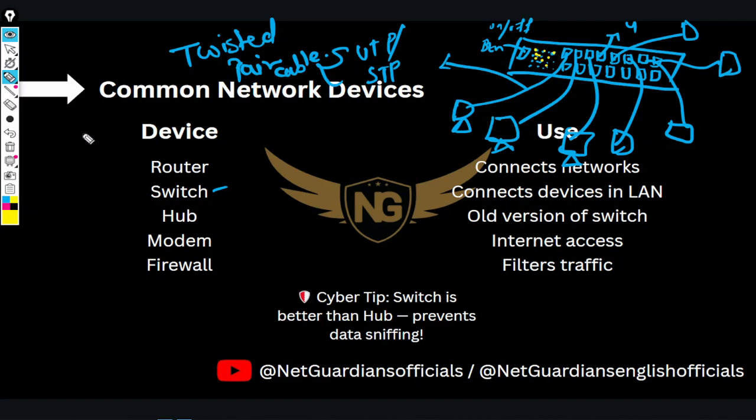Now, the switch is a smart device. Suppose this is device A, and let's sequence all the devices A, B, C, D, E, F and G. Now how does it work?